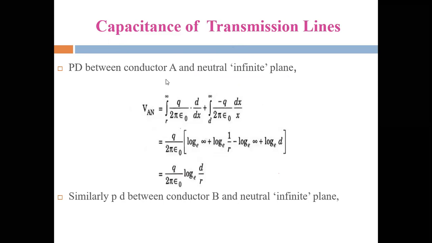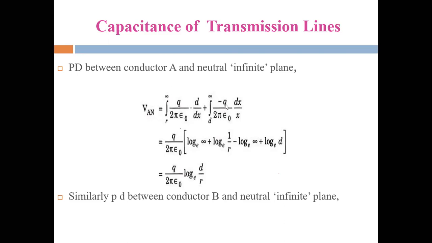First we calculate the potential difference of conductor A, that is VAN, equal to the integral from R to infinity, where R is the radius of the conductor, of q by 2 pi epsilon naught dx by x, plus, as the distance between conductor A and B is d meters, that's why we take d to infinity.